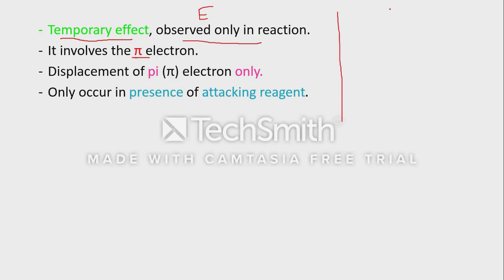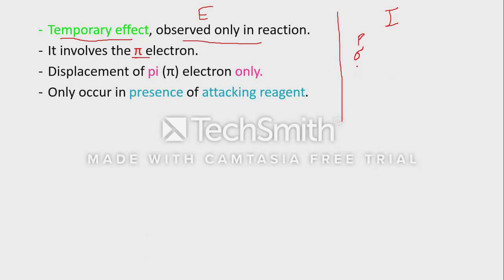This is the electromeric effect versus the inductive effect. The inductive effect is a permanent effect, and in the inductive effect the sigma electrons are involved. Here the displacement, or shifting, is of sigma electrons.